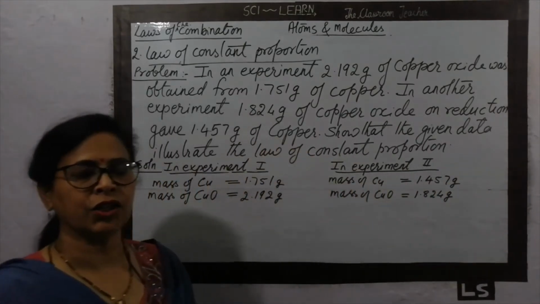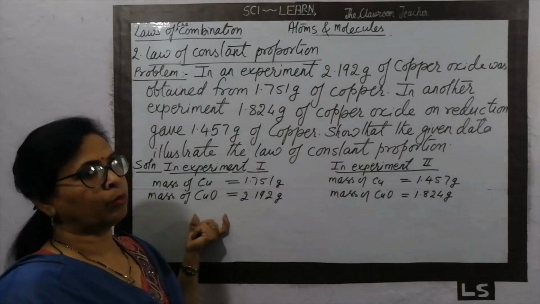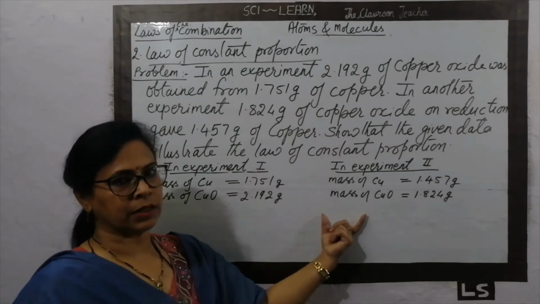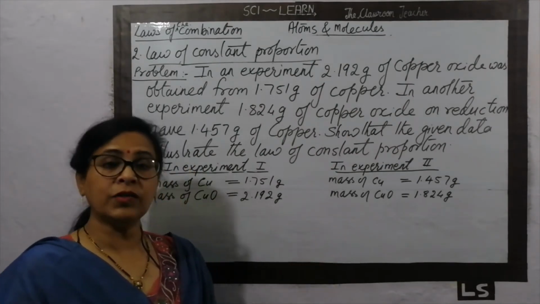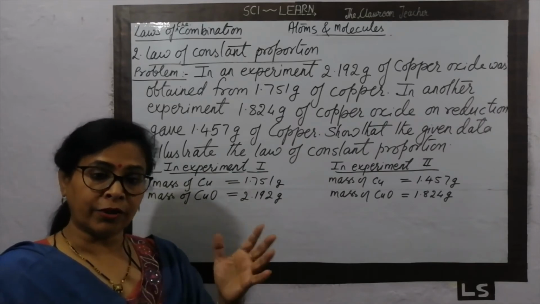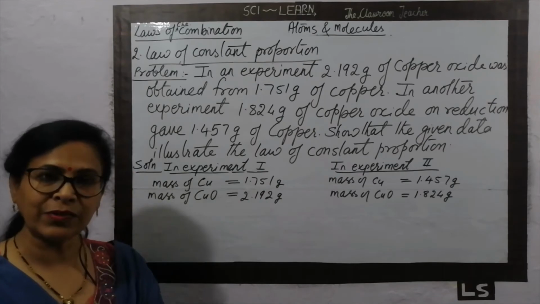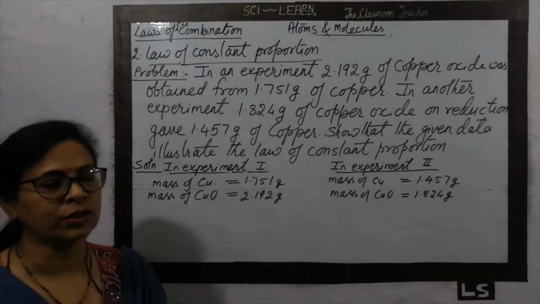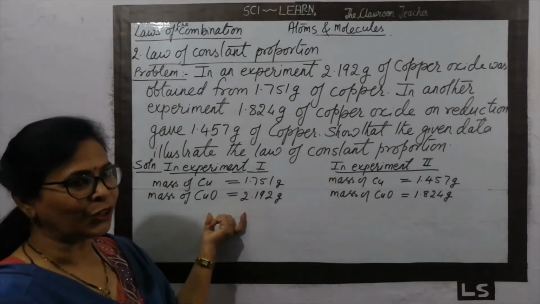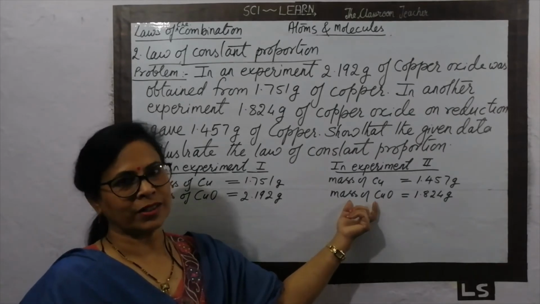So these are the two conditions given. Always remember, copper converts into copper oxide only when copper combines with oxygen. Here the mass of oxygen is not given, and here also the mass of oxygen is not given.